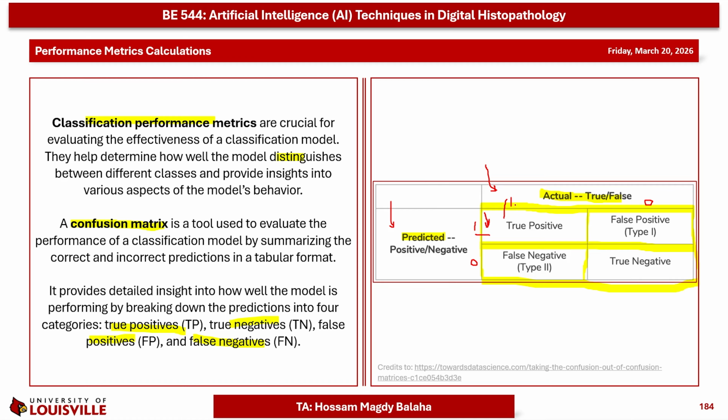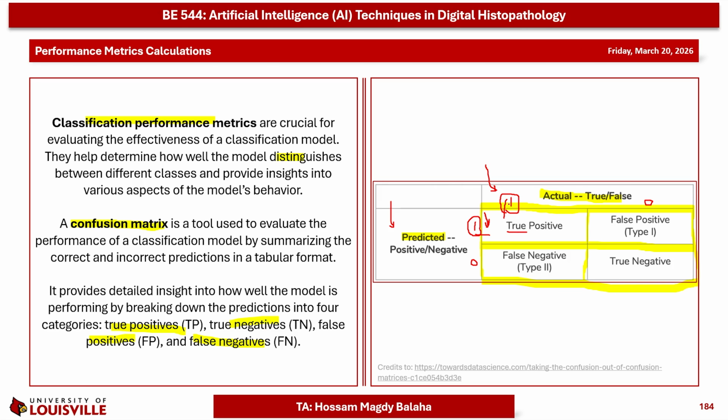This means that it is labeled 1 as ground truth, and the model predicted it also to be 1. So when there is a match between both of them, then this is called true. True means that the prediction matches the actual. And to determine whether it's positive or negative, it refers to the label.